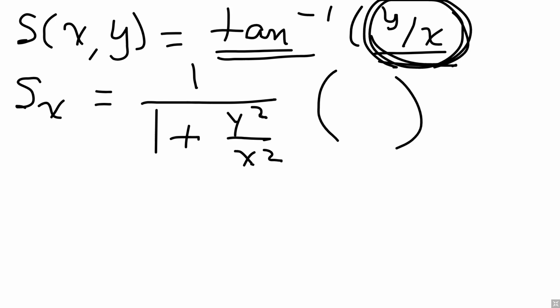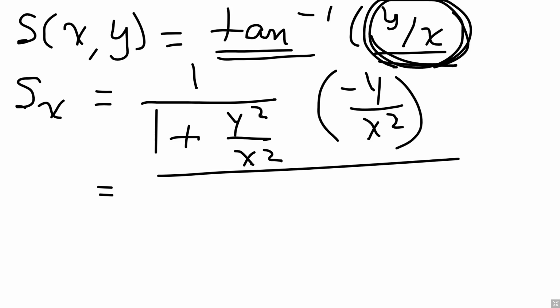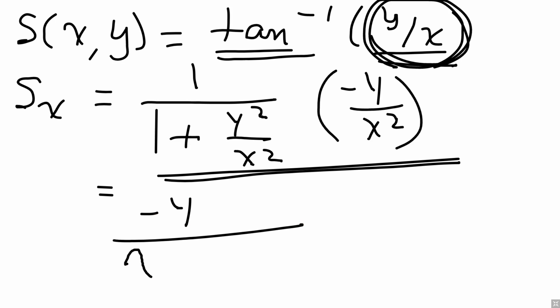Negative 1 over x squared. So negative y over x squared. And we do want to clean this up since we're going to have to do a second derivative. So if we clean this up, we're just going to multiply this out. So we're going to end up with negative y over x squared plus y squared. Okay. Any questions?